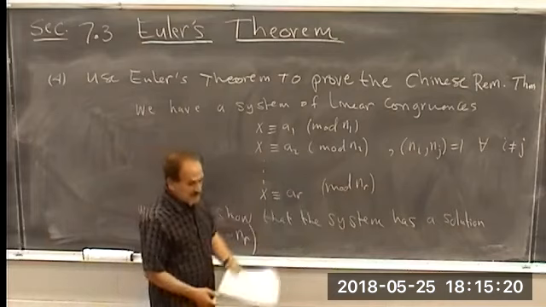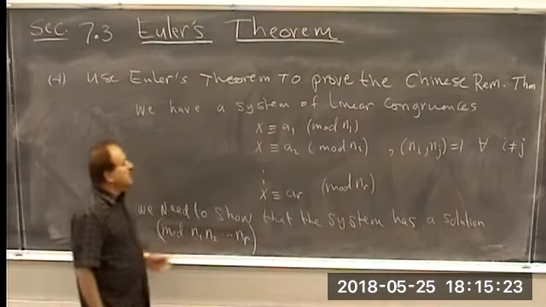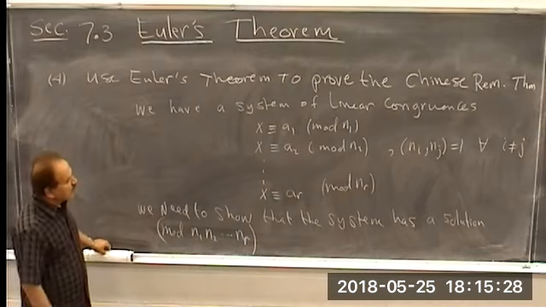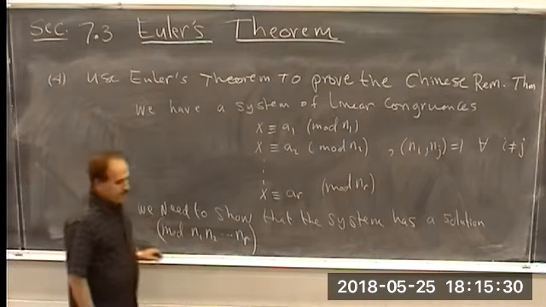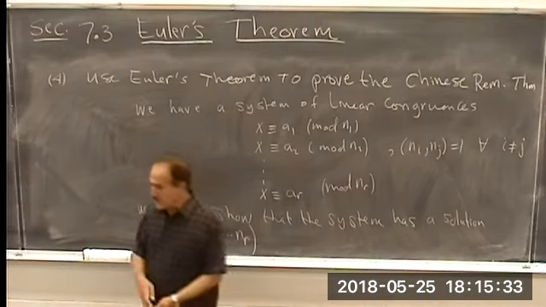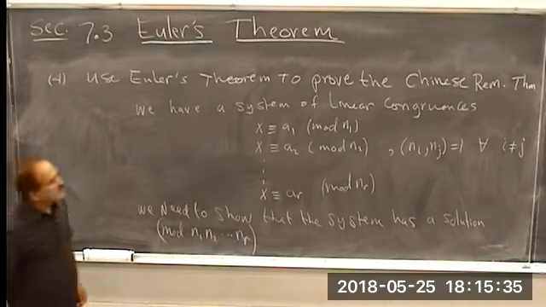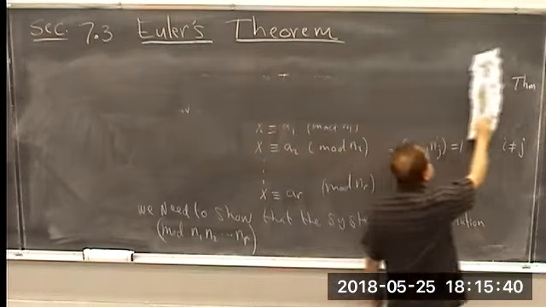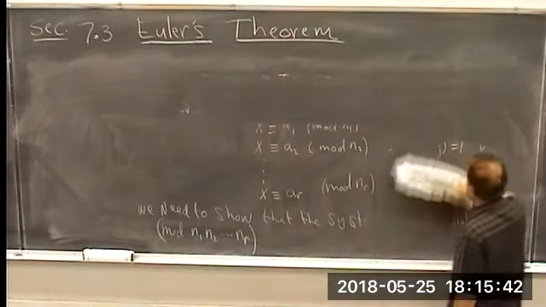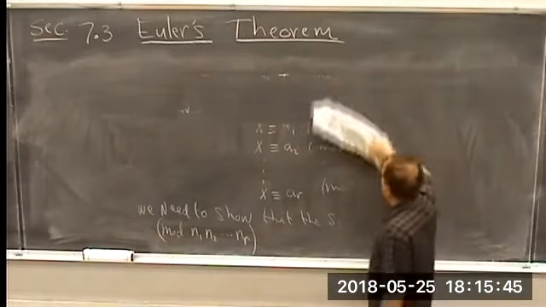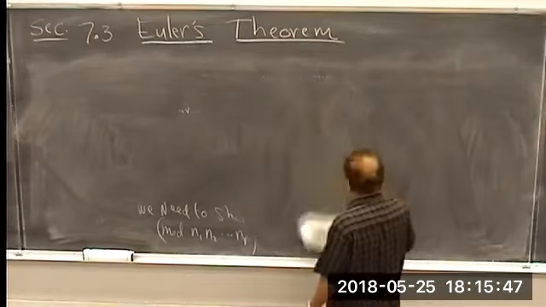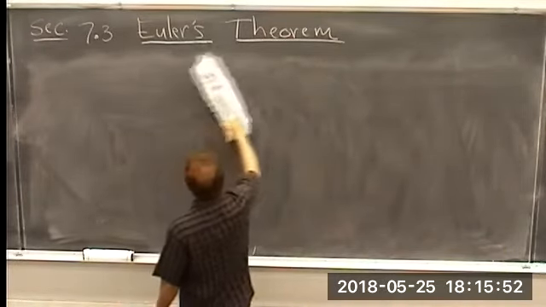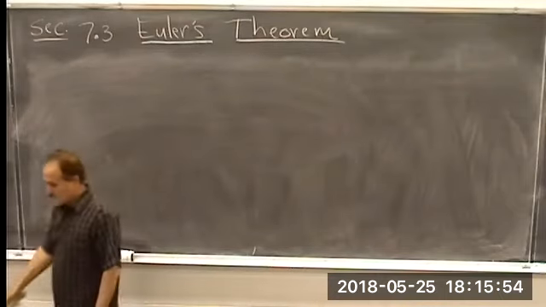All right? Since these are relatively prime, they're supposed to be congruent mod the least common multiple of these, but it is the same as the product. All right. The idea is this: we need to introduce some notations to work with this. First, we're going to take the product of all the N, N1 up to N sub r, to be N. And we're going to also define another set of integers.